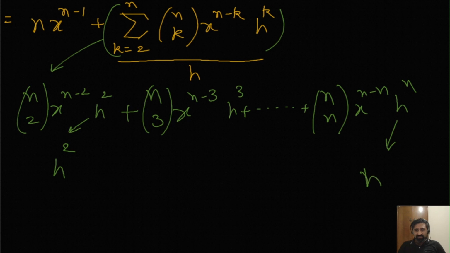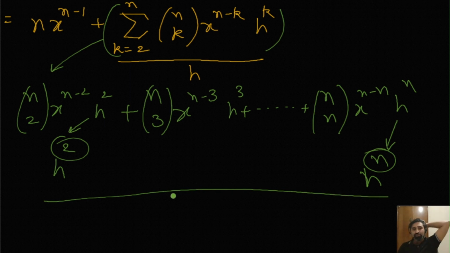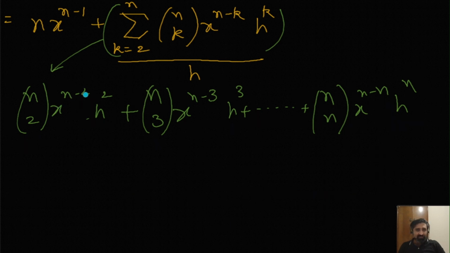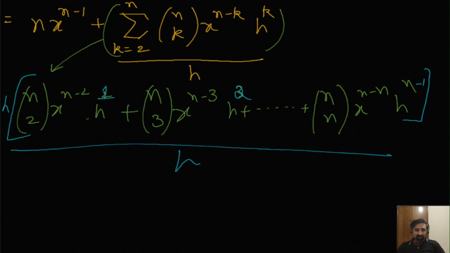So when you have the maximum and minimum powers of h greater than 1, and divided by h, there will always be a common factor. So this whole thing here, I can cancel and quite simply write this entire expression like this. I write h squared here, h cubed there, h to the power of n, and take one common factor h out of all of these. But here we have everything divided by h, so this h goes away.